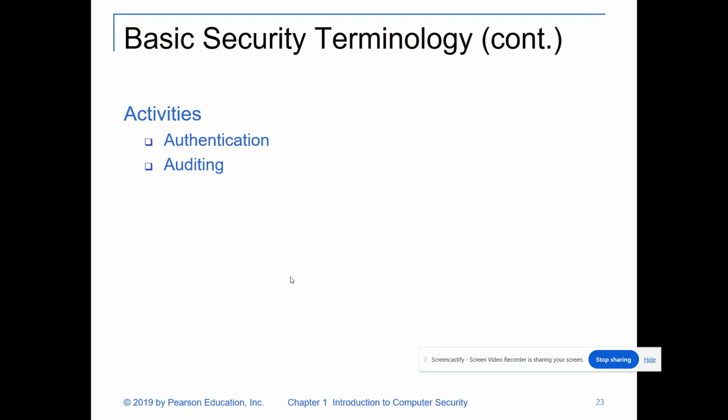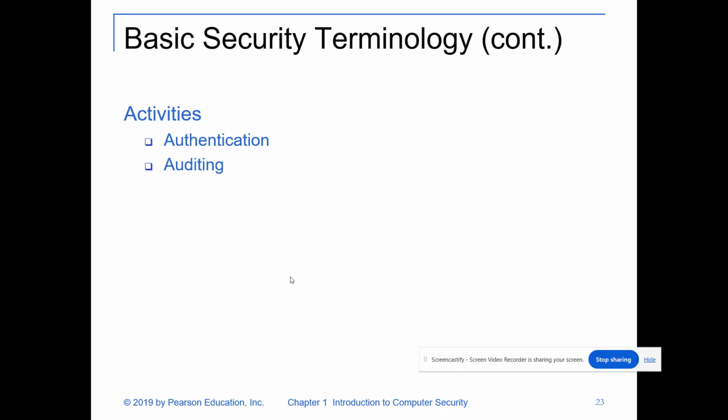Continuing on with additional basic security terminology, we have what's known as phreaking, which is a subspecialty of hacking, breaking into telephone systems. Authentication is a process to determine if the credentials given by a user are authorized to access system resources.